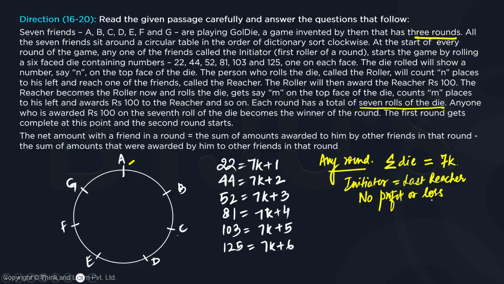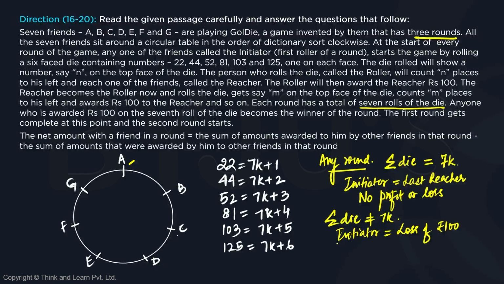Because the same 100 rupees which the initiator hands over to somebody else, that same 100 rupees is exchanging hands. If the sum of the numbers on the faces of the die is not in the table of 7, that means the initiator will be at a loss of 100 rupees, isn't it?